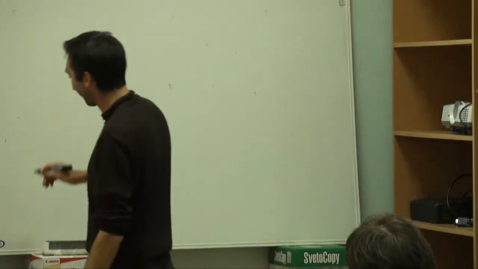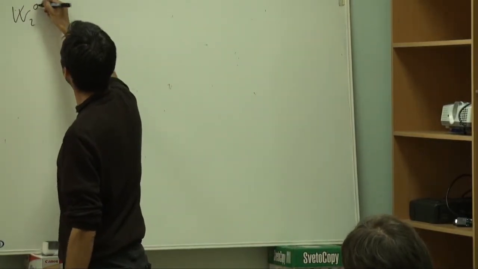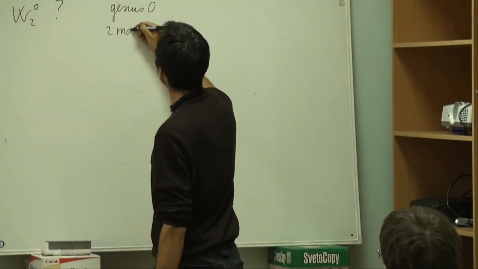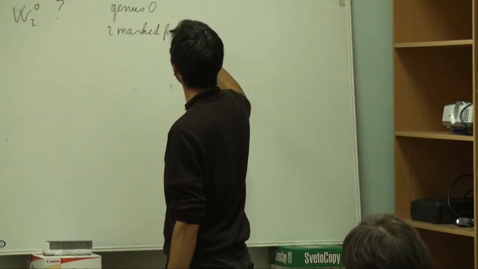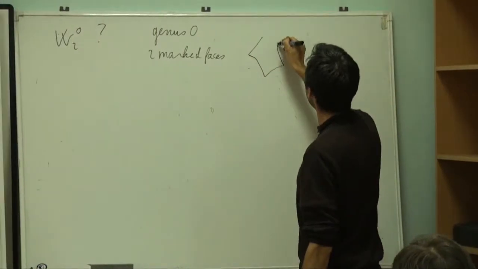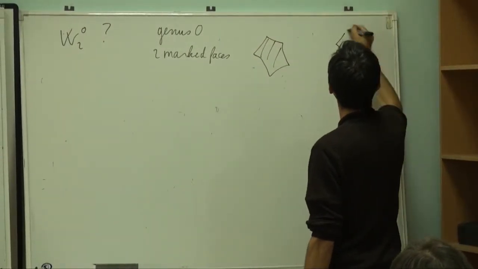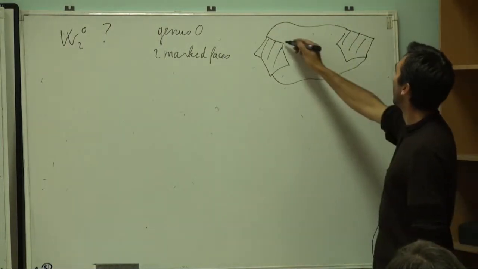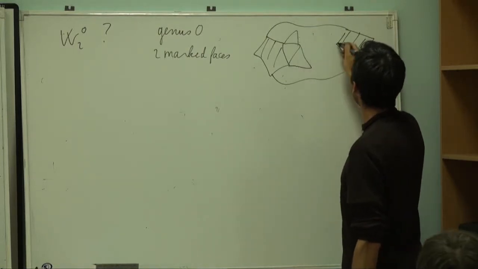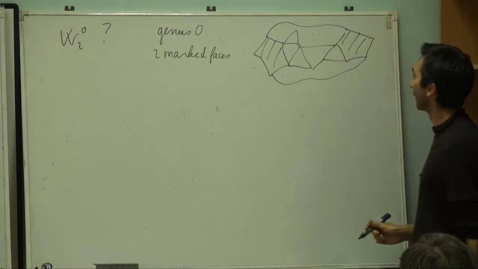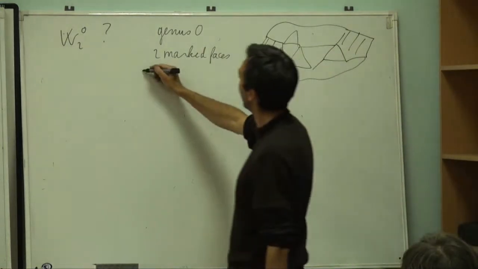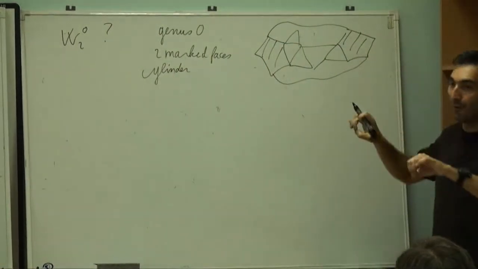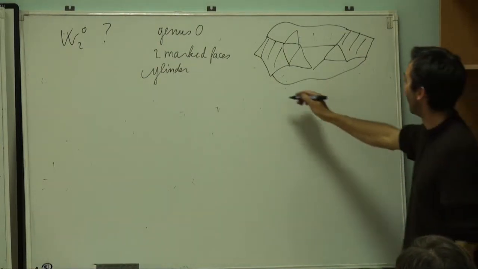Now let me consider something else. I want to compute W20. So it means genus 0 and 2 marked faces. Let me call that the cylinder, because if you think of the marked faces as holes, somehow you have something genus 0 with 2 holes, and this is a cylinder.